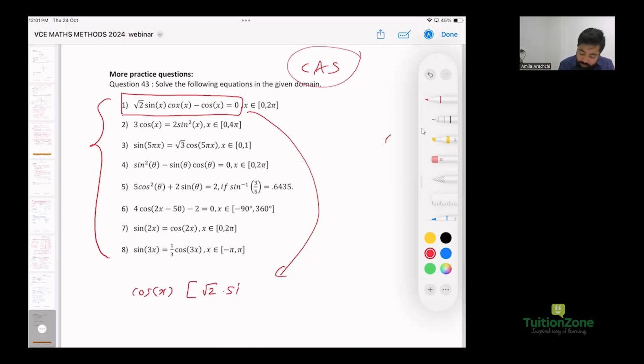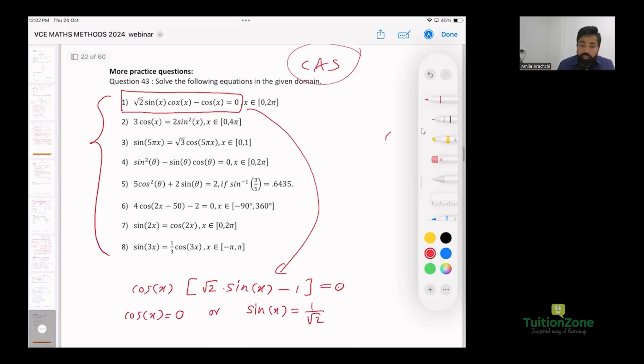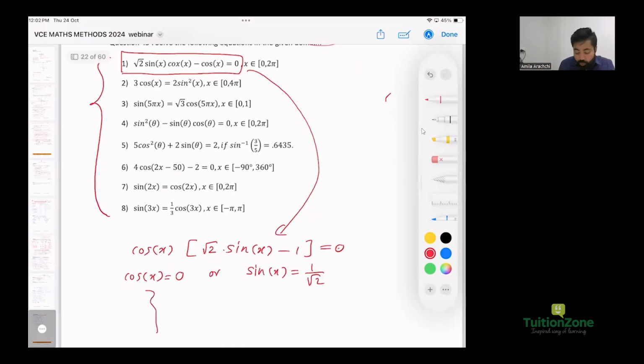Root 2 sin x minus 1 equals 0. Can you see clearly there are two factors? One answer is cos x equals 0, or you can rearrange to sin x equals 1 over root 2. See that? So in this particular question, you have two different sections to find the solutions. Okay, so that's the method.